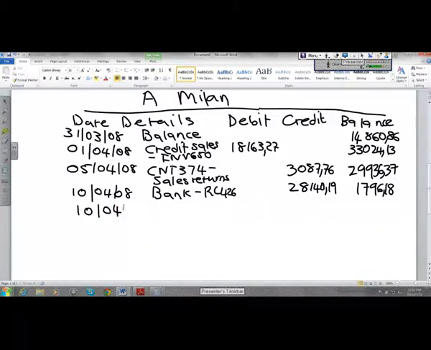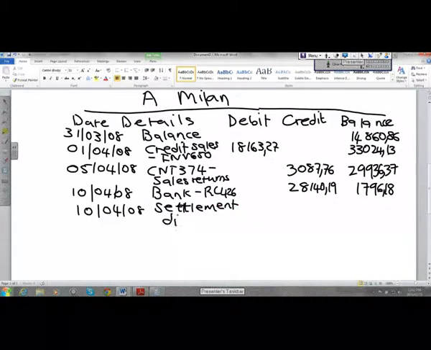So you're going to say settlement discount granted. Okay, so if they give him a settlement discount, it must reduce his account, isn't it?